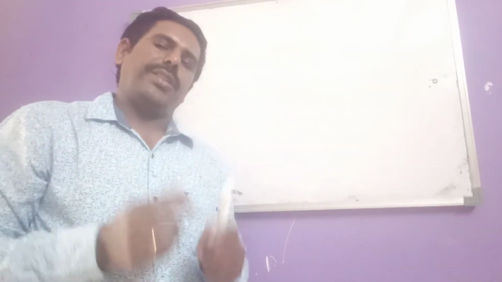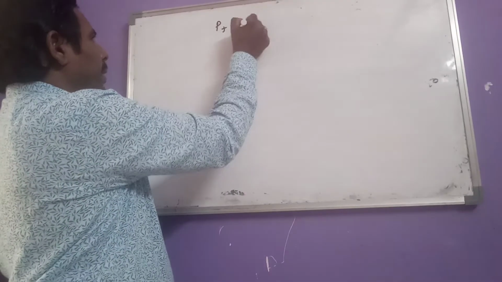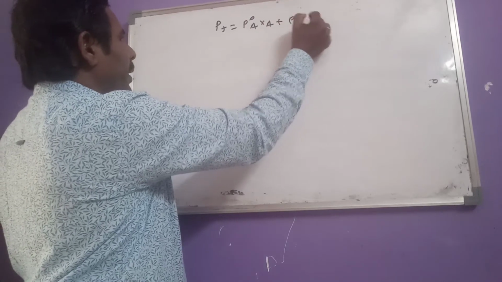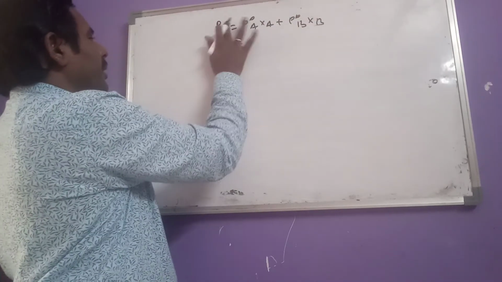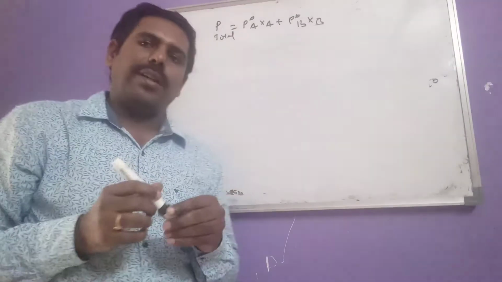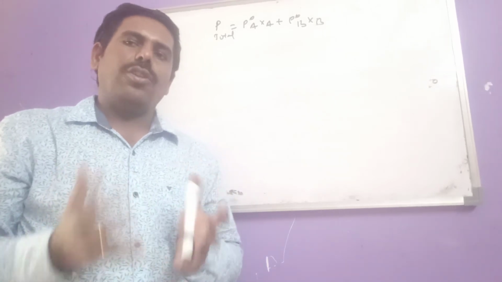How to calculate that total pressure? See here, P total equals to P naught A XA plus P naught B XB. So this is the formula to calculate total pressure of a mixture of two different solutions.